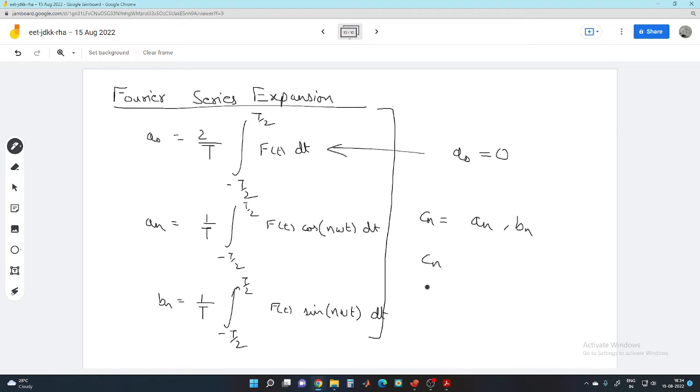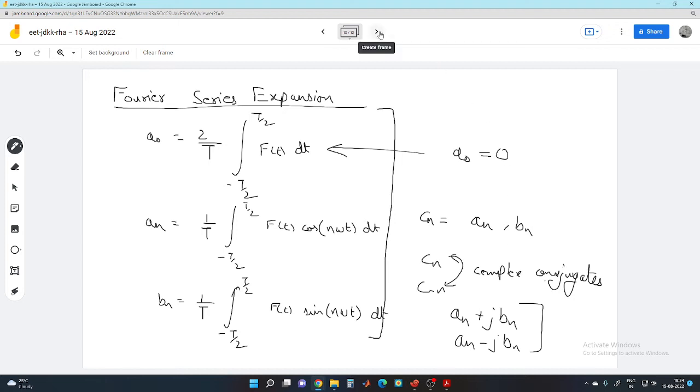So Cn and C minus n come as complex conjugates, with one as An plus jBn and the other one as An minus jBn. So you can find it yourself. And finally, what we do is we take m x double dot plus c x dot plus k x equal to the summation.